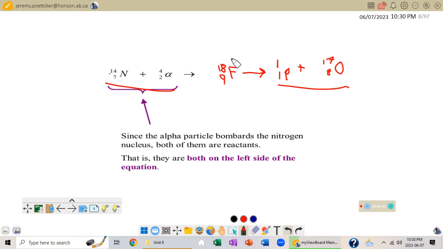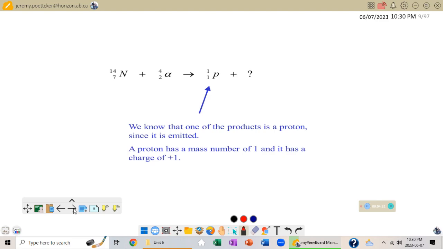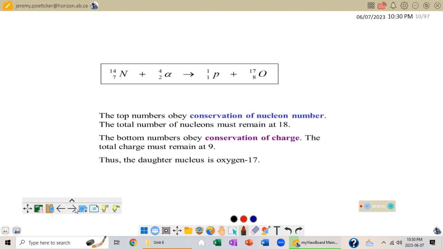This is the real story of what happened, but you generally don't need to include the intermediate unless you're asked for every step along the way. And again, conservation of nucleon number is making sure the top numbers are balanced. Conservation of charge means that the number of protons at the bottom are also balanced.